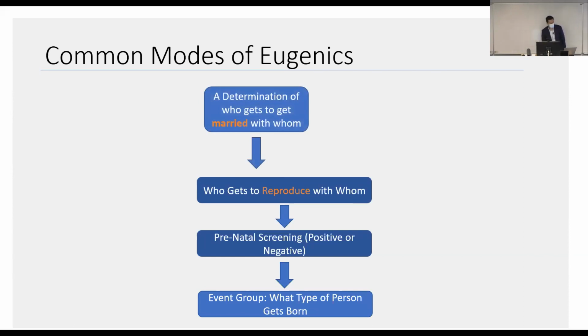Oh, yes, and I also wrote here, who gets to reproduce with whom is often a function of who gets to marry whom. Although, of course, this isn't watertight. Of course, you can reproduce without getting married. Happens all the time. Not necessarily a bad thing. Some people don't want to get married.